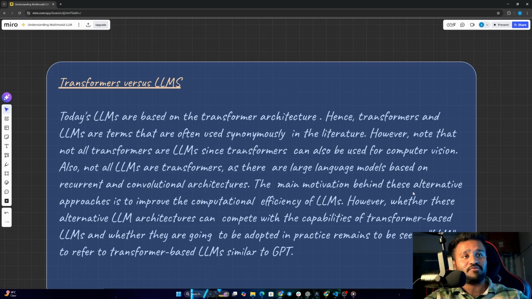The main motivation behind these alternative approaches is to improve the computational efficiency of LLMs. However, whether these alternative LLM architectures can compete with the capability of transformer-based LLMs, and whether they are going to be adopted in practice, remains to be seen.